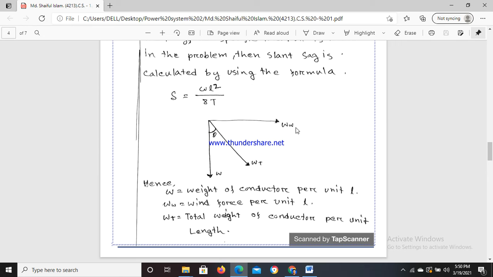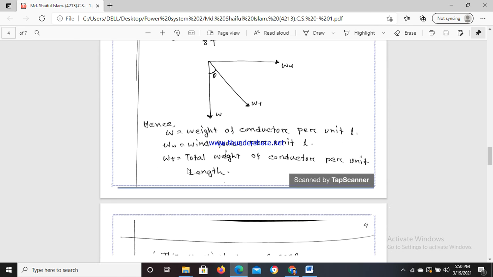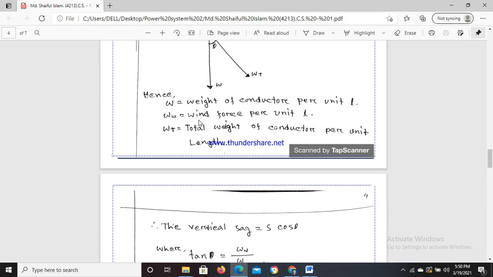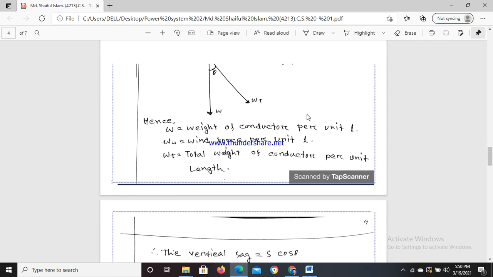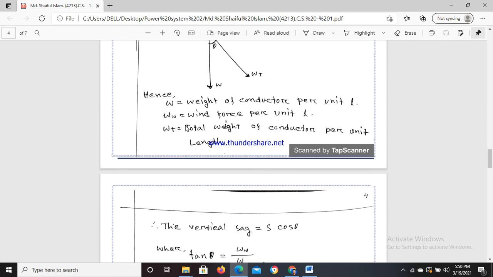Here w equal to the weight of conductor per unit length, w_w equal to the wind force per unit length, and w_t equal to the total weight of conductor per unit length.